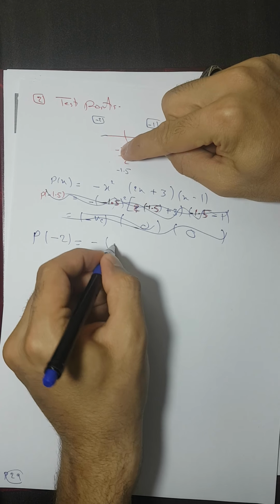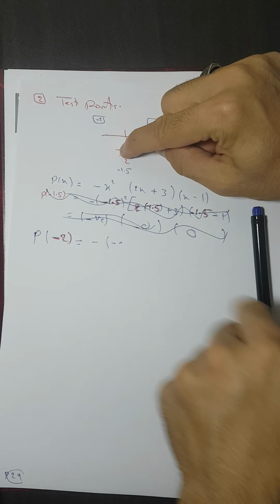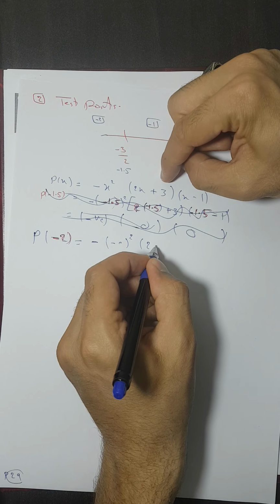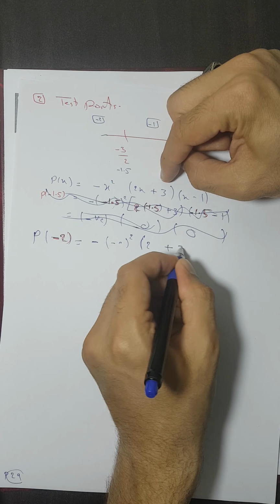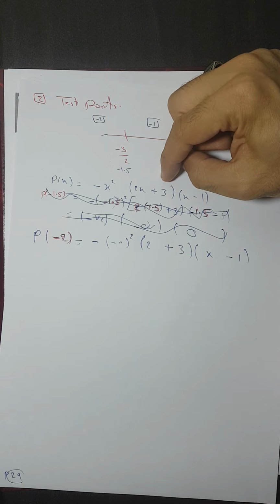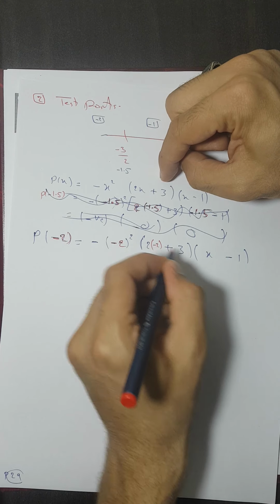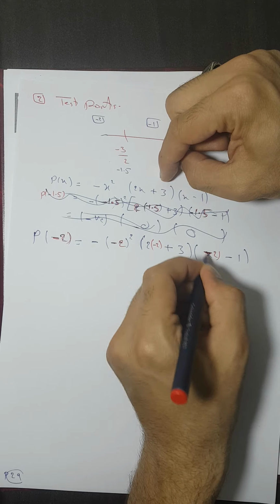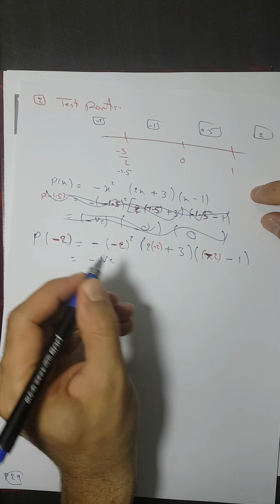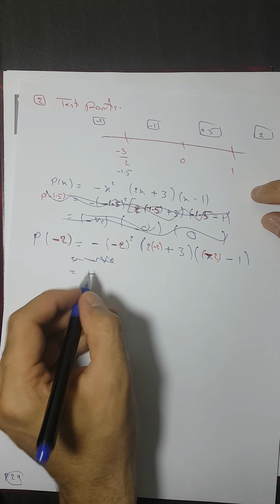So I'll get negative x squared here, times 2 times -2 plus 3, and -2 minus 1. Okay, -2. So I get what? Negative value.